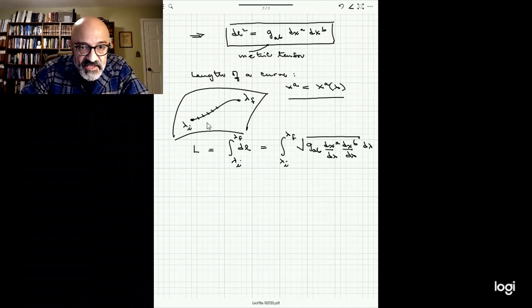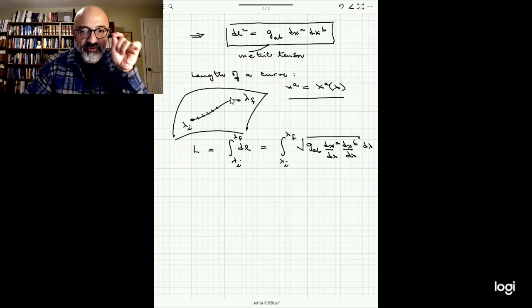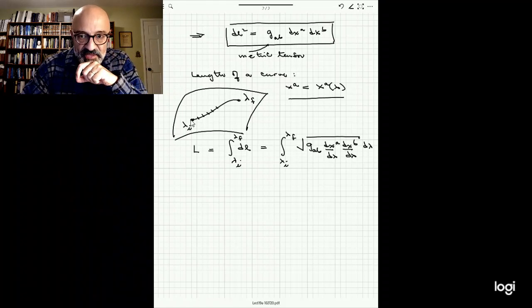Please notice that we never really have a formula for the distance between two points. What we do have is a formula for the infinitesimal distances between two neighboring points. And from that, we have a formula, I've just written it down here, for the length of a curve.